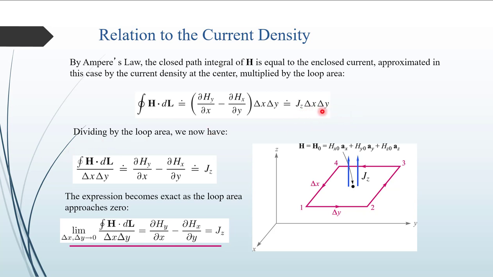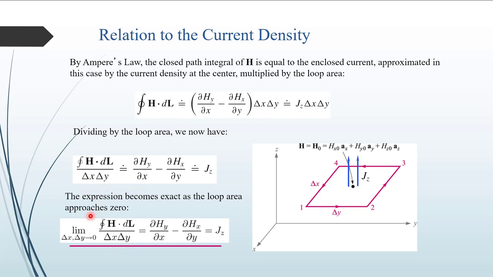So if I take delta x into delta y to this side, then closed integration of H dot dl divided by delta x into delta y is equal to this bracket, that is dou hy by dou x minus dou hx by dou y, is equal to Jz. So we have taken delta x delta y common and we have divided each part of the above equation by delta x delta y.